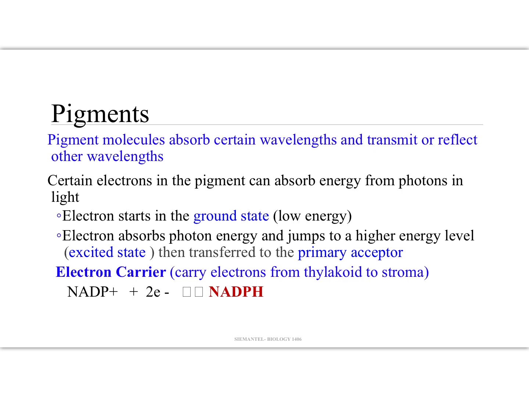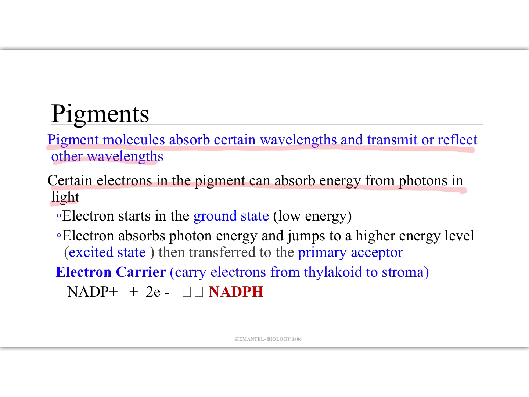So that's important for you to know: pigment molecules can absorb wavelengths, but they can also reflect wavelengths. It depends on color, okay? There are electrons in these pigments, and it's the electron that will be absorbing energy from the photons in the light.